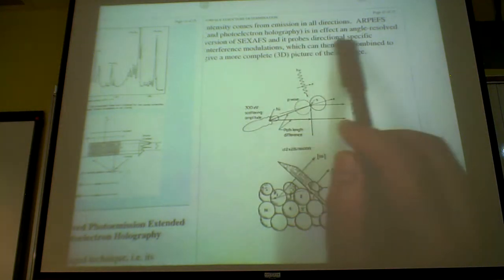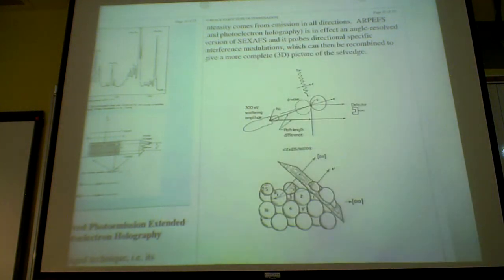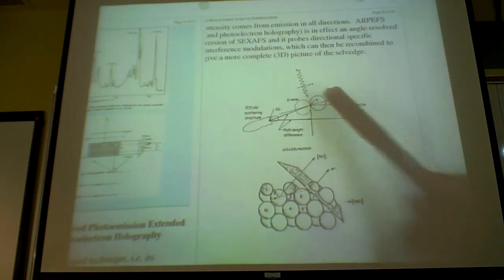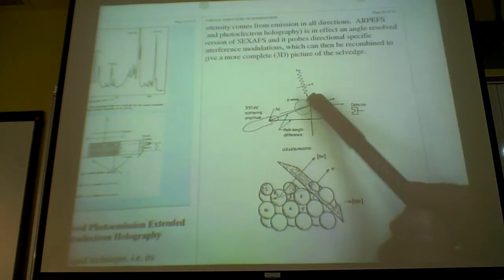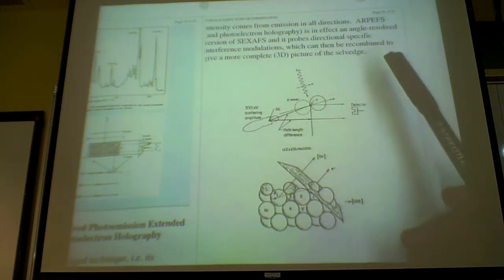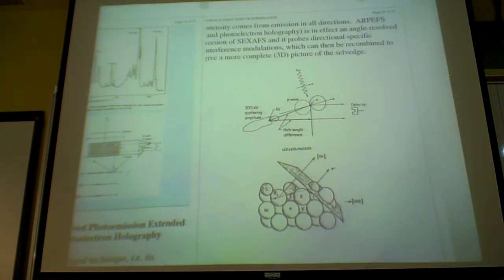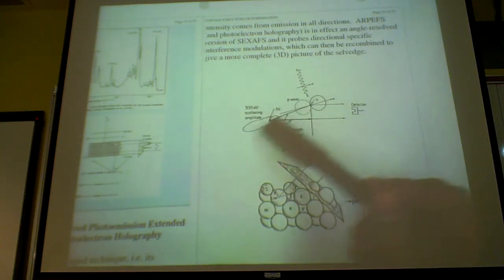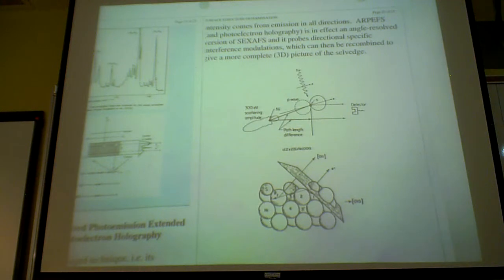So it produces directional interference modulation. For example, here is a classic example: a photon comes in and it ionizes a 1s orbital, right? So think of it as a sulfur atom, sulfur on nickel. That's the first experiment that was done using ARPEFS like this.